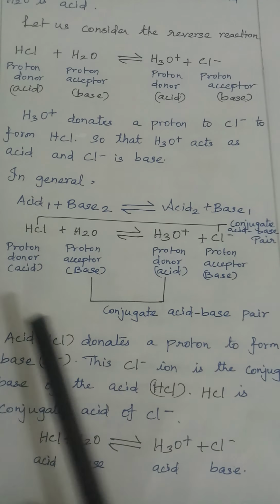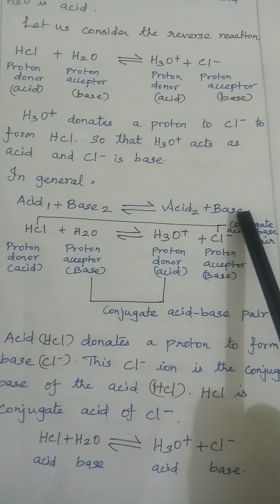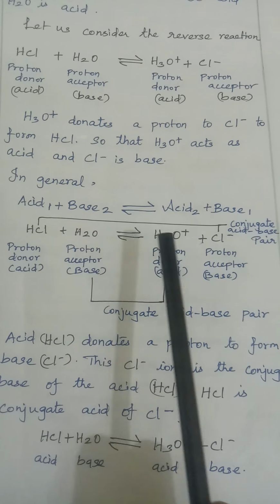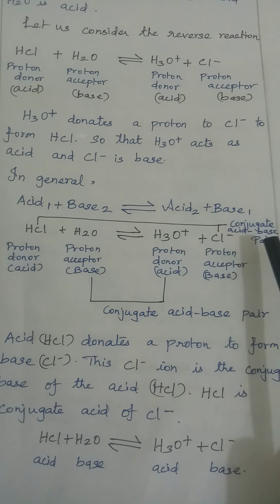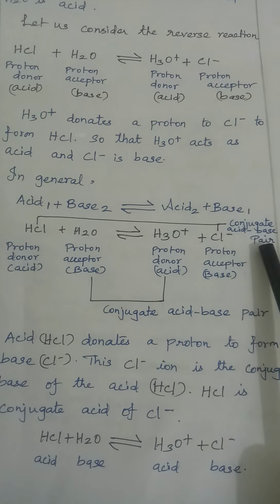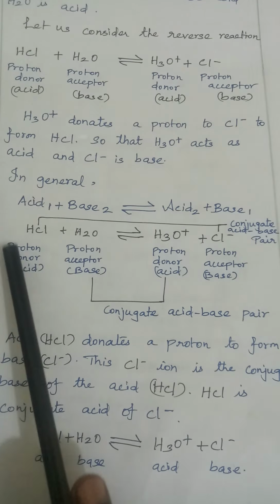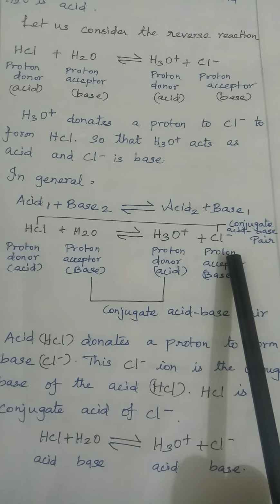In general, acid combines with base to form acid and base. HCl is dissolved in water to form H3O plus and Cl minus ion. How to identify the conjugate acid base pair? HCl donates the proton to H2O and becomes Cl minus.